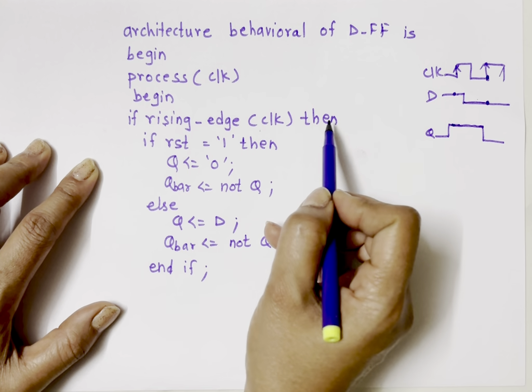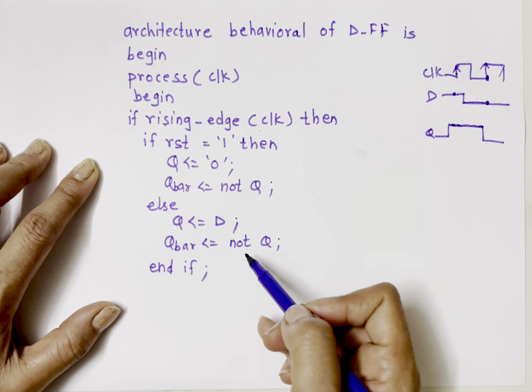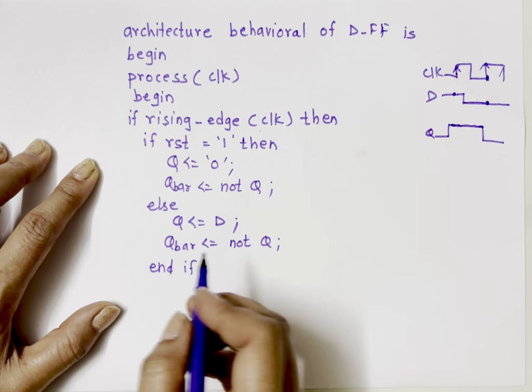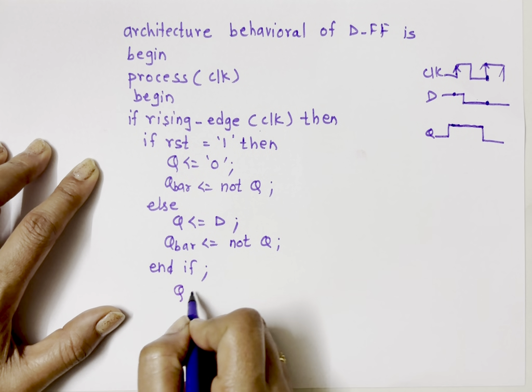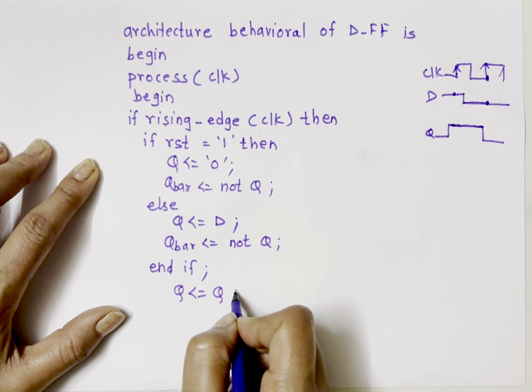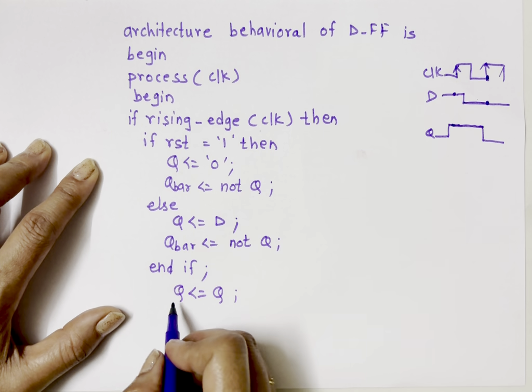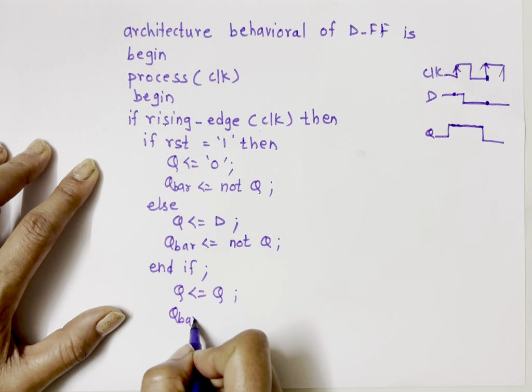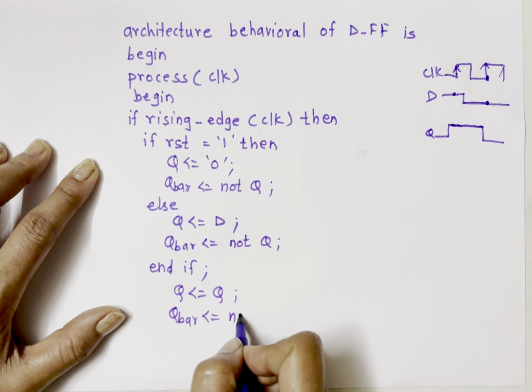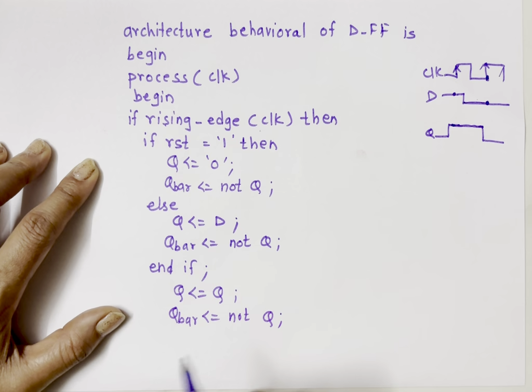So if rising edge comes, then these things will happen. But if rising edge does not come, then Q is assigned as Q. It means the next value of Q is the same as the previous value of Q. And Q bar, you simply need to write not of Q. That's it.